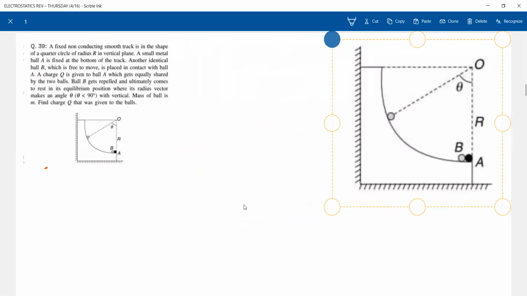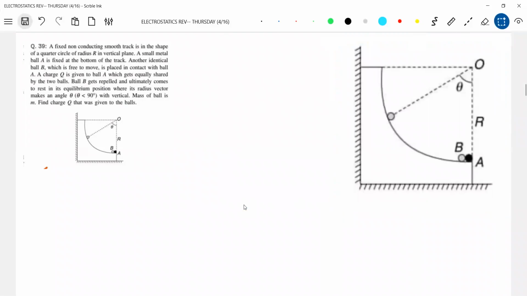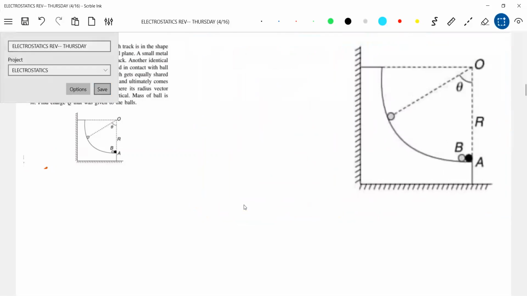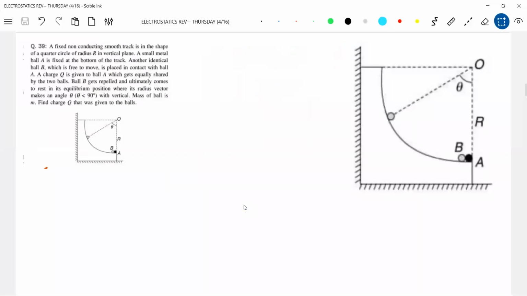Let me take help of the diagram, it'll be easy for me. So this another point charge will be shifted.